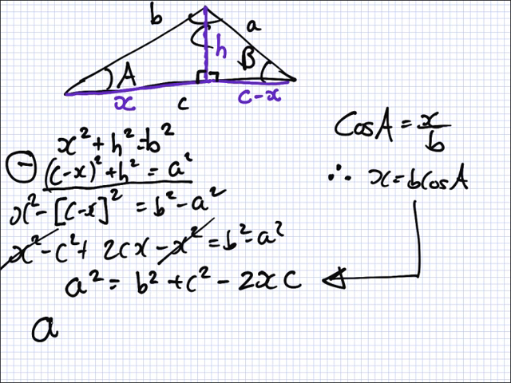Okay. A squared equals b squared plus c squared minus 2bc cos A. Yep.